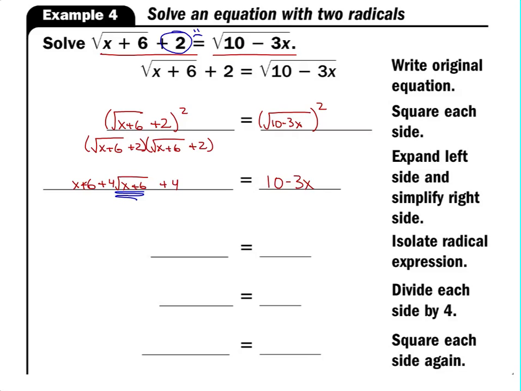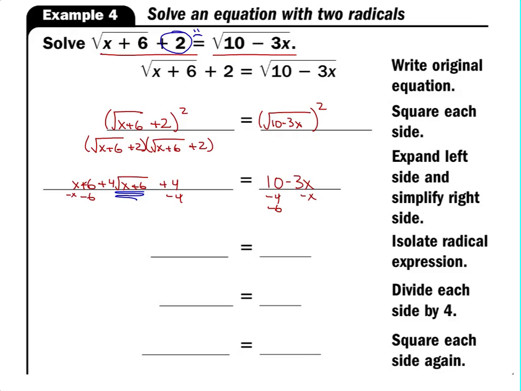So we need to move everything else away from the square root. So we're going to isolate it. On the left, we're going to subtract the 4 from both sides, and we're also going to subtract the 6 from both sides. I guess on the right, the 6 will have to get in line after the 4. We're also going to subtract that x from both sides.